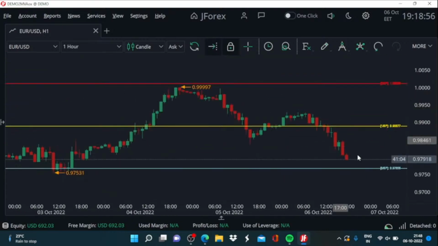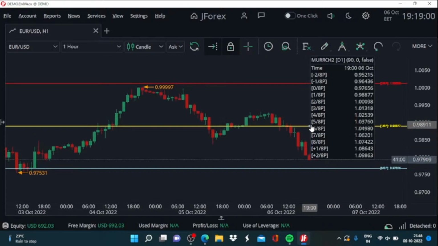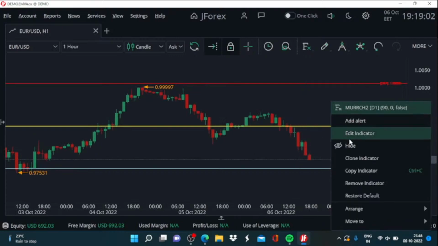All right, so I'm now back in today's session, and let's go for the edit indicator option, and let's try out changing its candle period.